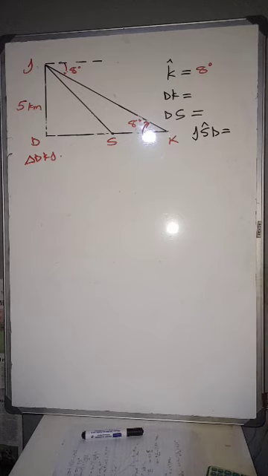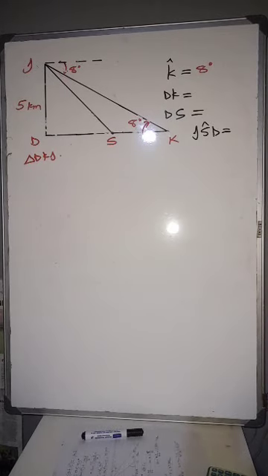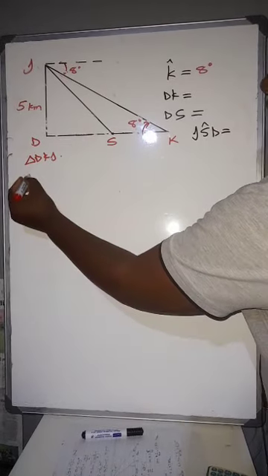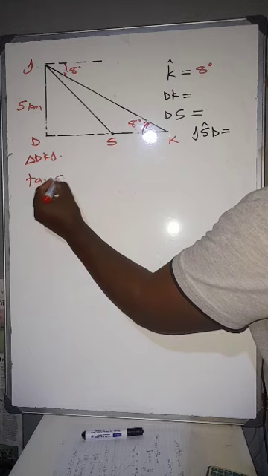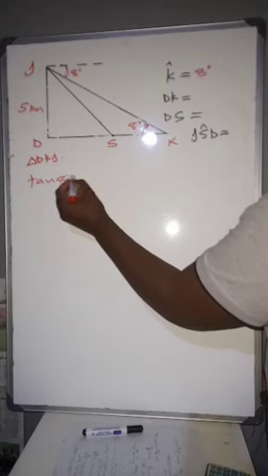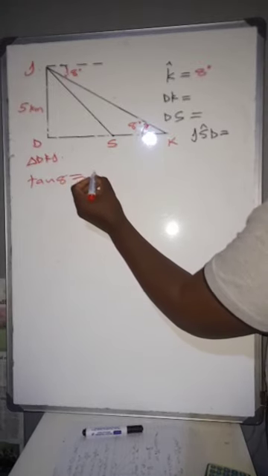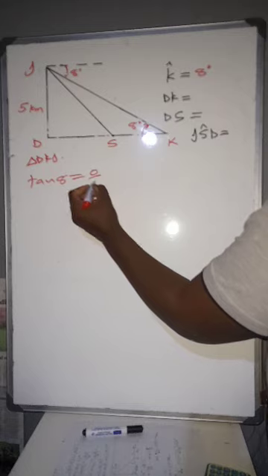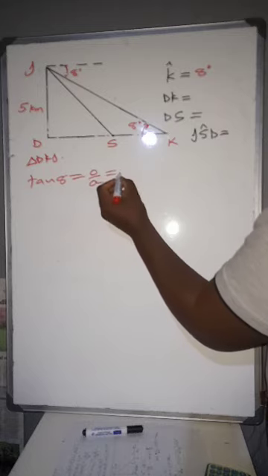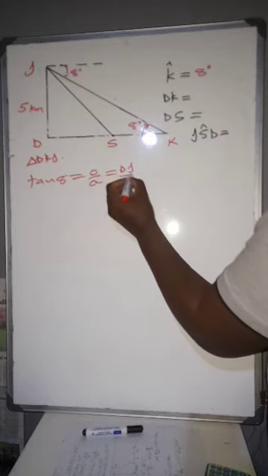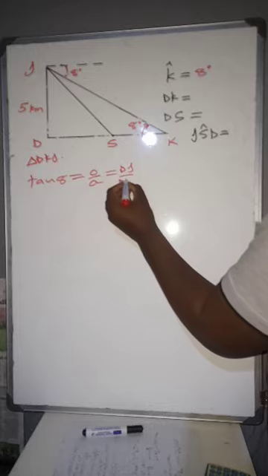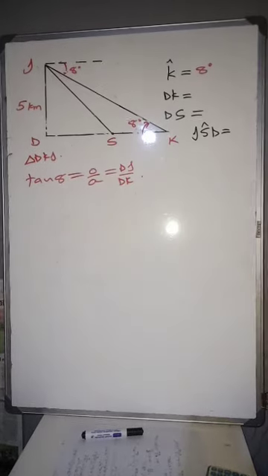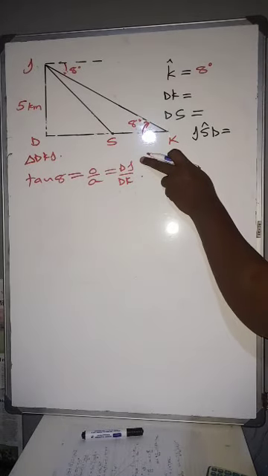A ratio which has opposite and adjacent. That is tan. So we are saying here tan 8 is equal to opposite over adjacent. That is equal to DJ over DK, and we are looking for DK.